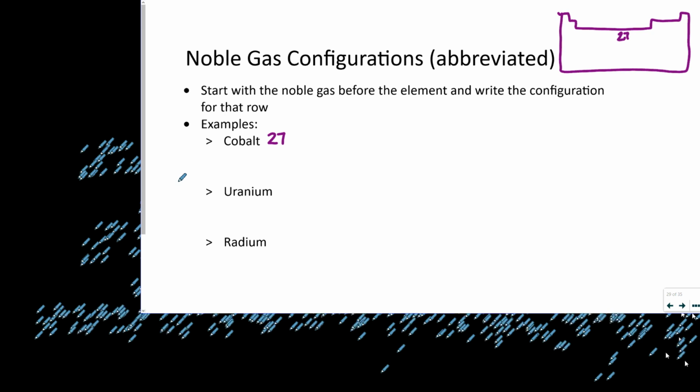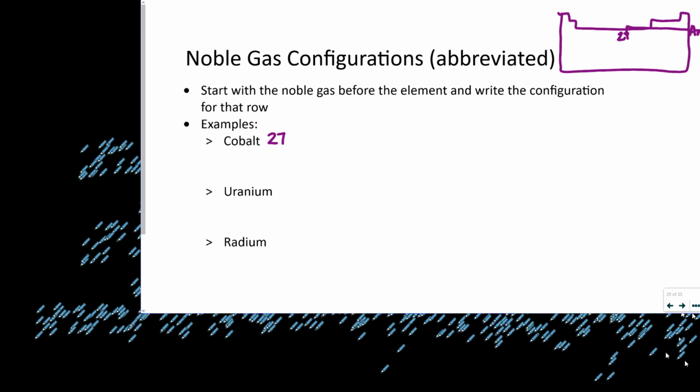So to abbreviate cobalt, you literally want to put your finger on cobalt, go up one row and all the way over to the right, to figure out what noble gas is directly before cobalt, which will lead us to argon, is the one that's over there.